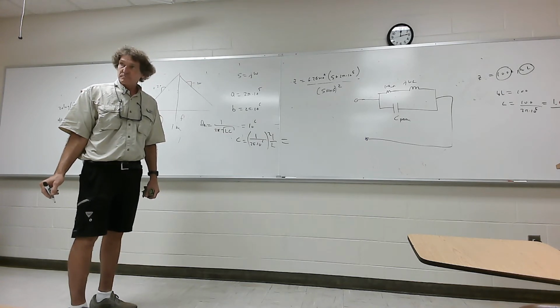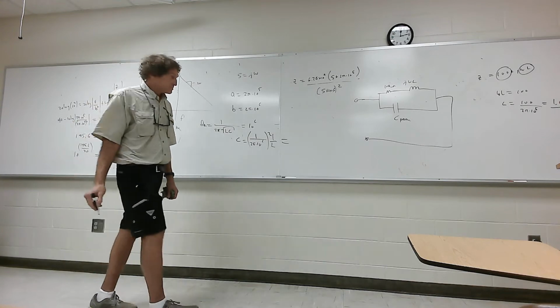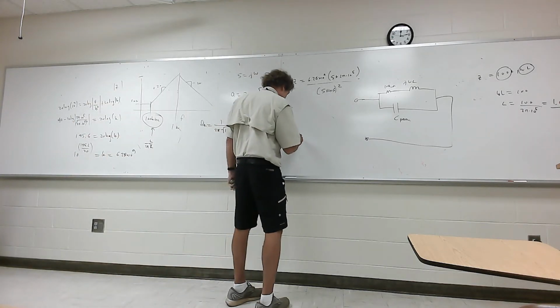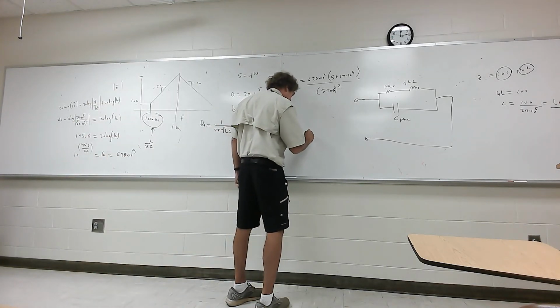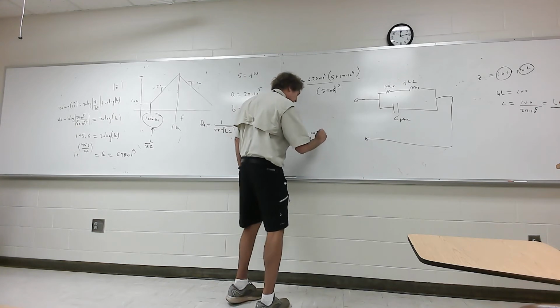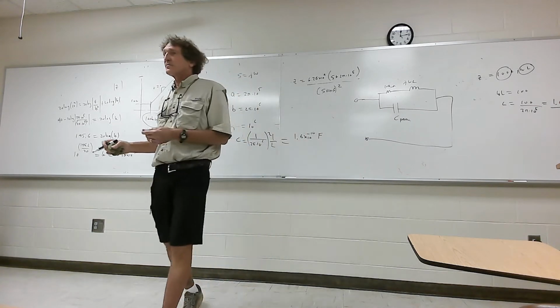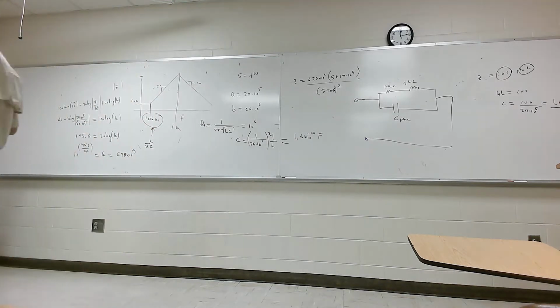That L value? 1.6 to the negative 10 farads? What does the book have for that? 1 microfarad. 1 micro. Yes. Something like this.